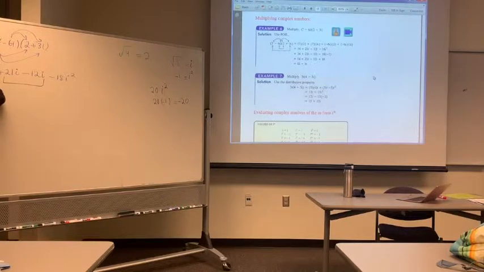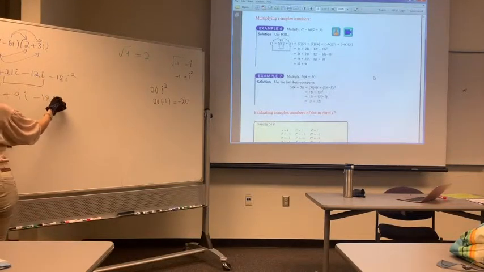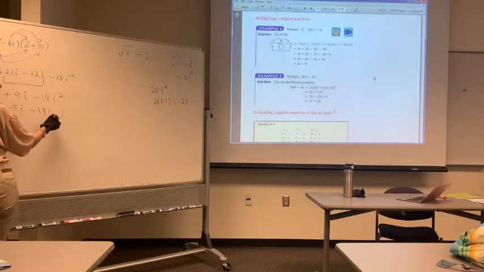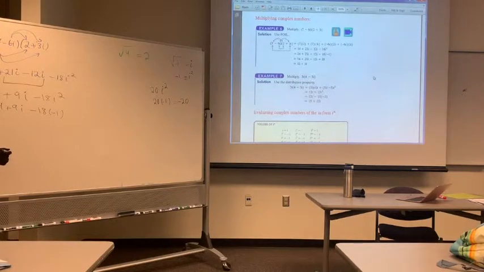Combine the like terms. Negative 12i plus 21i is 9i. So we have 14 plus 9i minus 18 i squared. What should I write down for i squared? Negative 1. Correct?